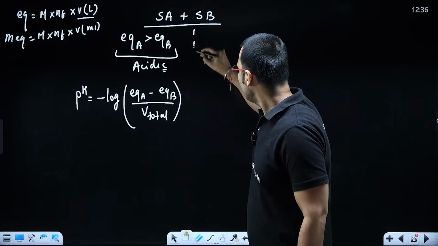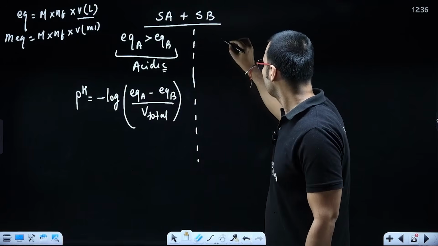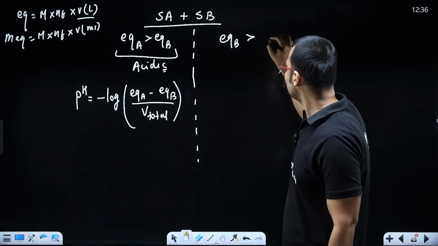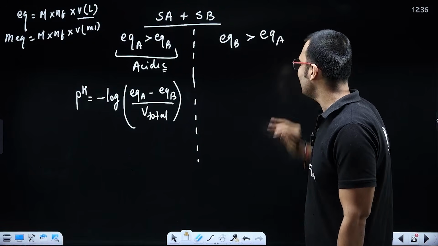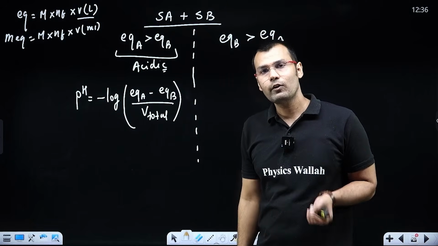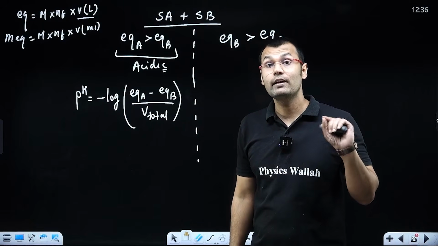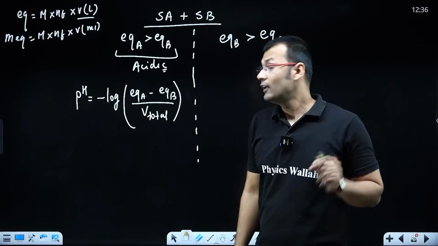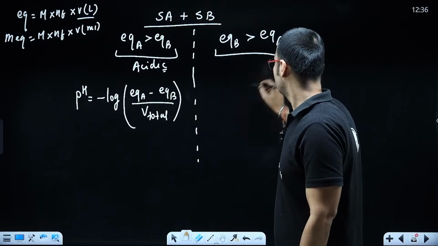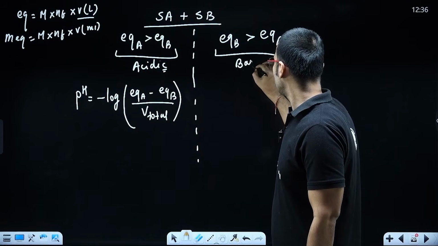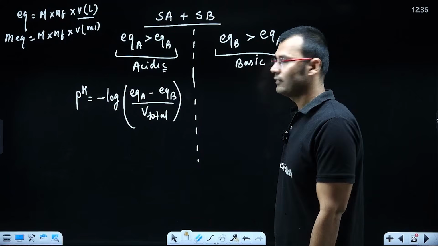Similarly, if you see that equivalent of base is more than equivalent of acid, so in that case, because base is more, after neutralization base will remain, base is in excess. So after reaction the final mixture will automatically be basic in nature, right?